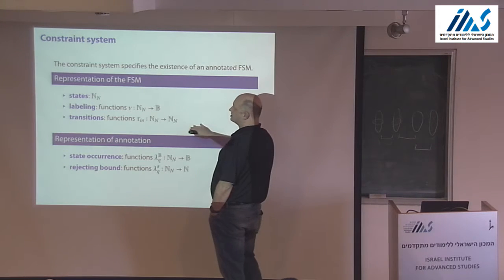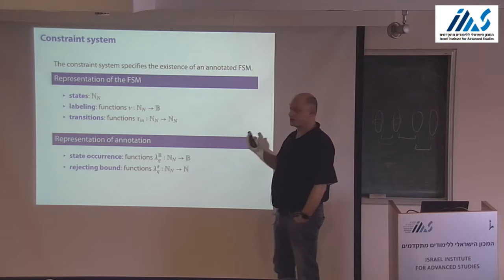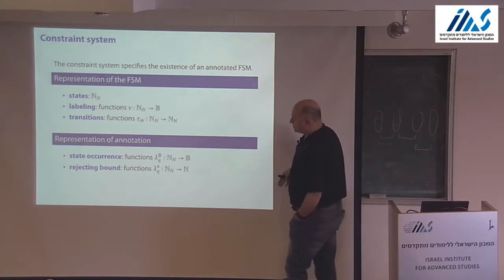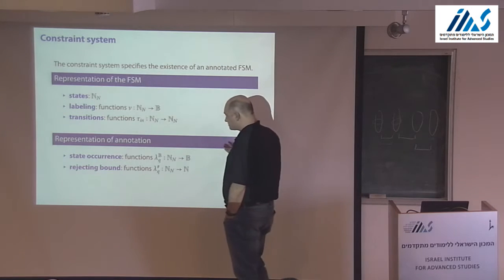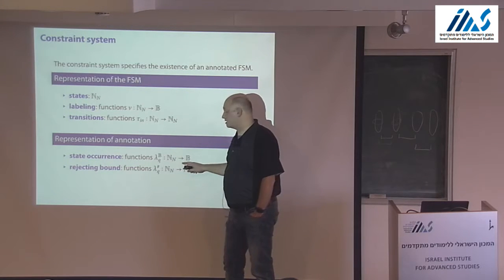So this takes care of the search for a finite state machine with up to n states. And then the representation of the annotation needs to describe two things. Is a particular state reachable at all in the product graph?